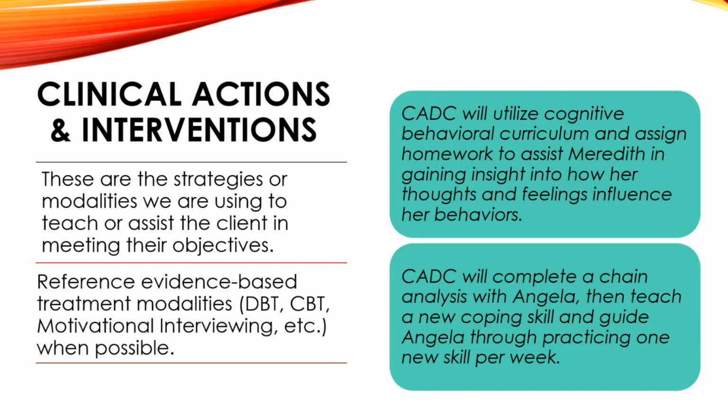And a client does not absolutely have to approach their service plan like a checklist in order to successfully complete treatment, because a person's needs change. And what we think it's going to look like when the client has accomplished their goal may not end up being what it actually looks like when the client has accomplished their goal, right?